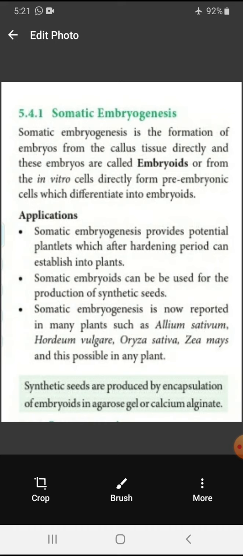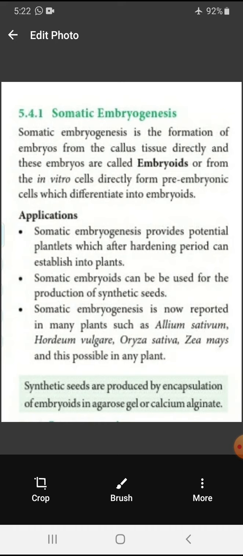Third, somatic embryogenesis is now reported in many plants such as Allium sativum, commonly called garlic, then Oryza sativa and others, and it is possible in any plant.